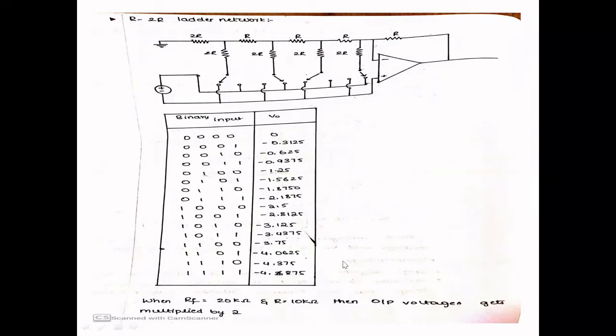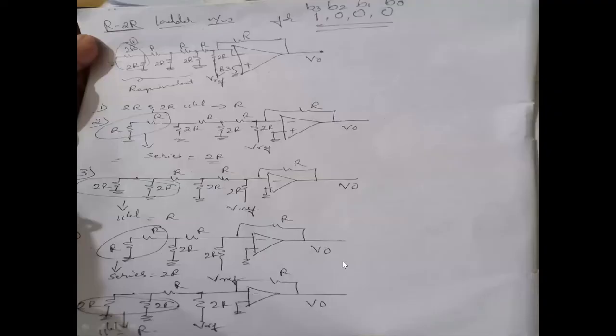So how does the circuit look when you connect B3 high? This is your B3. B3 is connected to the voltage reference, and the other terminals are grounded. All of these are going to 0, so that's where we have considered them to be ground.